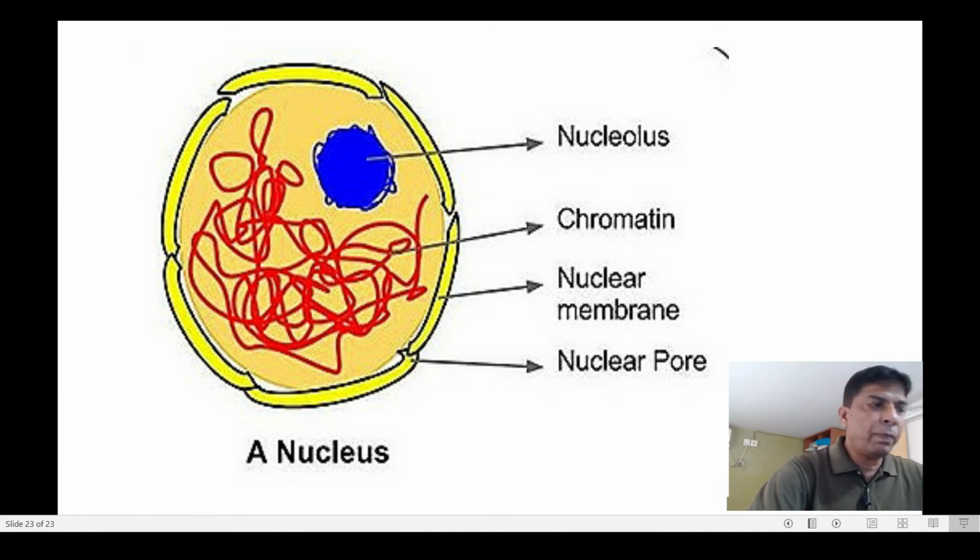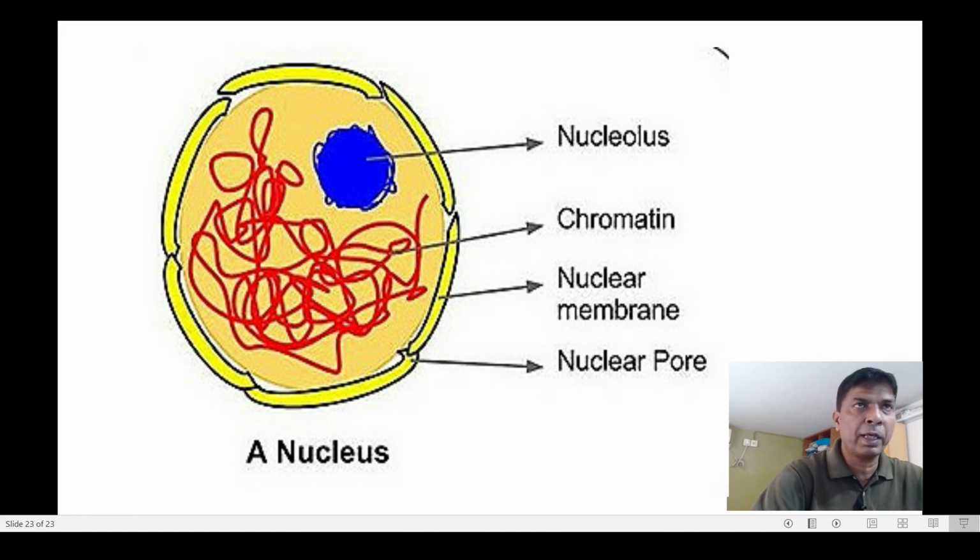Now let's go through the functions of the nucleus. There are lots of functions. First one, as I said, it controls all the metabolic activities of cells and contains all the chromatin network, and these chromatin networks contain the blueprint of life, that is genes, and these chromatin networks actually act as chromosomes later during cell division and act as vehicles of heredity, and they carry genes from one generation to another generation.